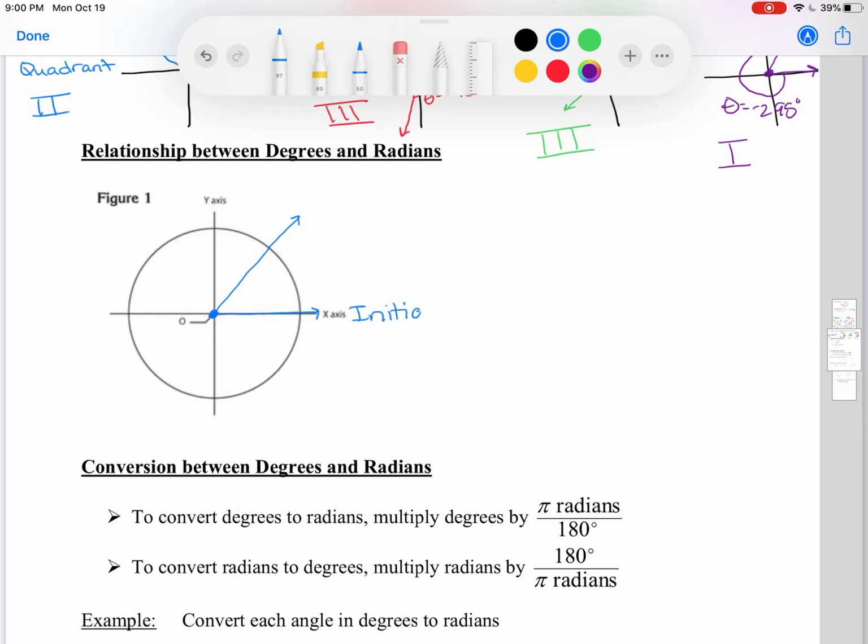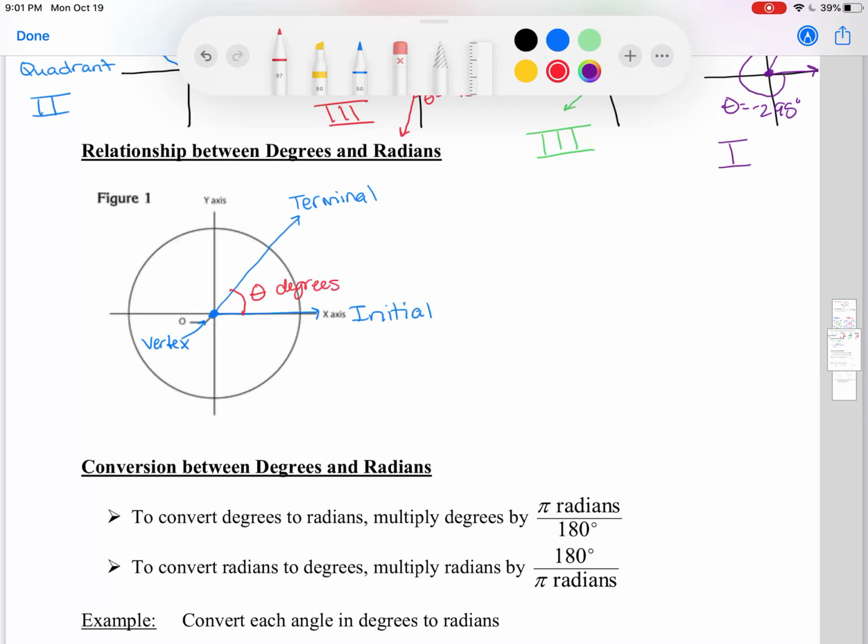All right, and we'll label some things. So your initial side was here, followed by your terminal side. And then that vertex is that point combining both sides.